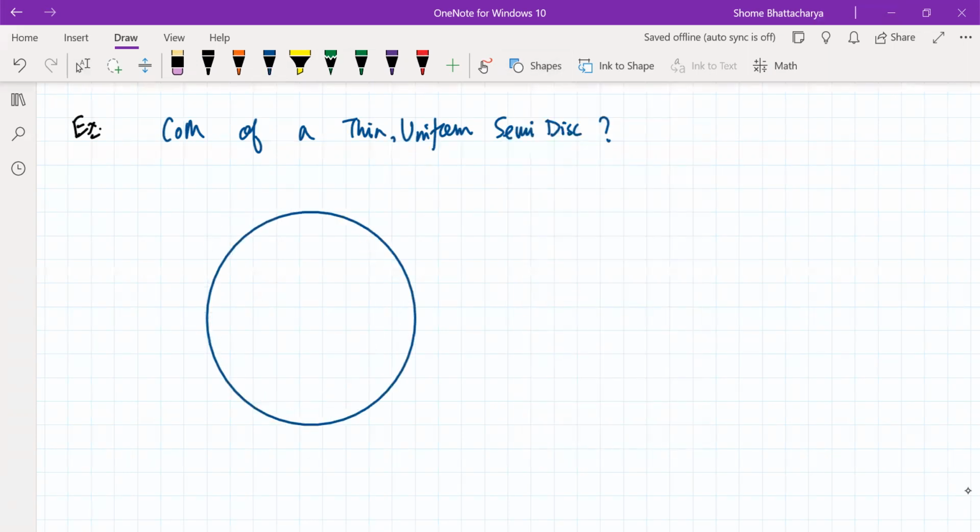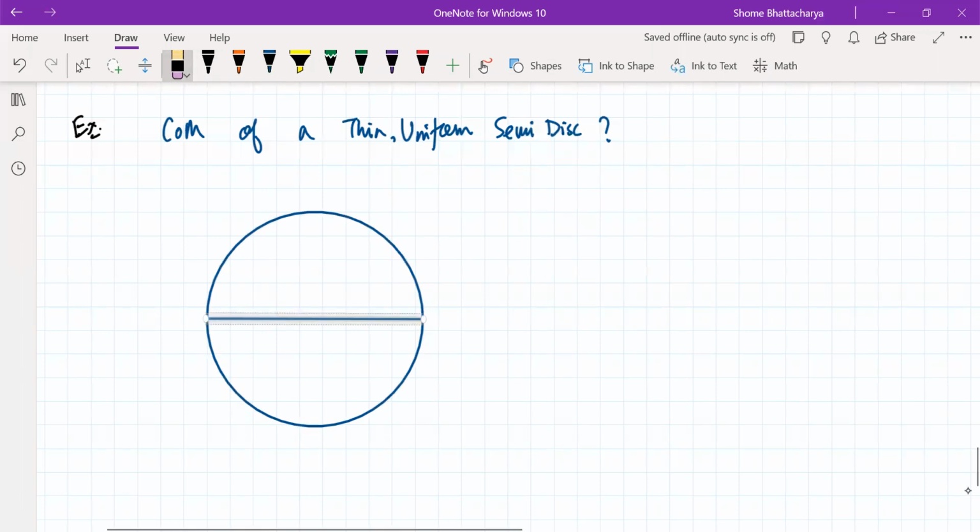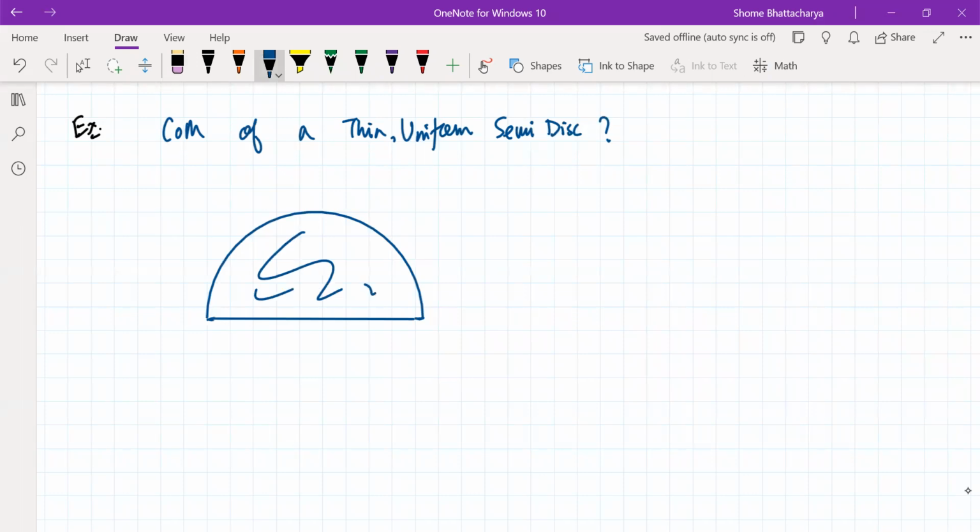For this example, we'll actually make use of the previous derivation that we've done just now, which was the center of mass of the semi-arc. So what we'll do is, first of all, if this is our semi-disk, of mass m and radius r.